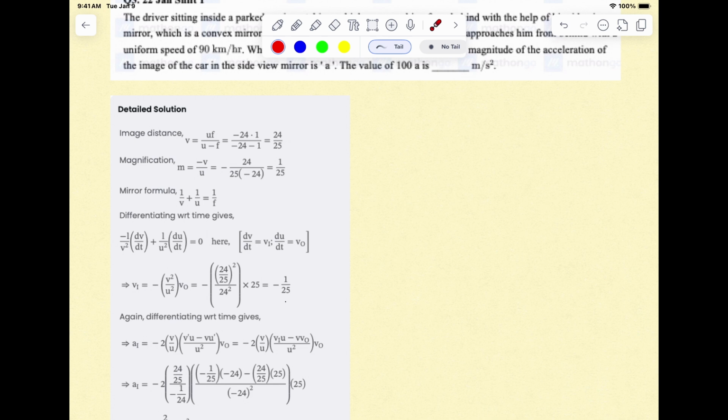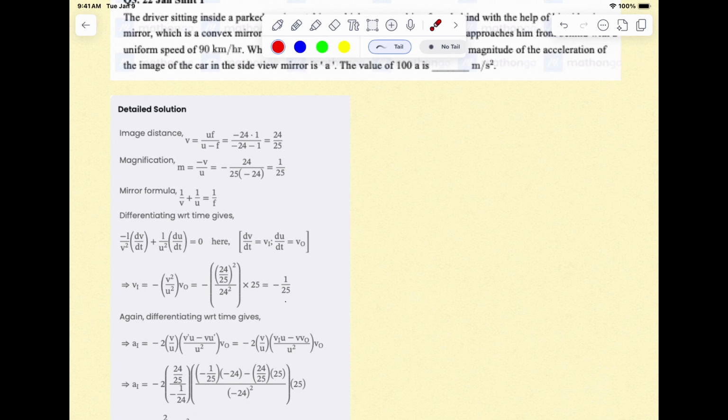In terms of concept, it is straightforward. Differentiation of the mirror equation once will give you the velocity equation. Then the second differentiation will give you the acceleration of the image. Therefore, as a mathematical concept, it's not very difficult, whereas working it out and doing the calculation is going to be tough, plus time consuming.